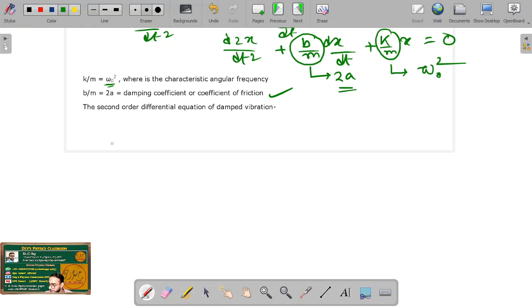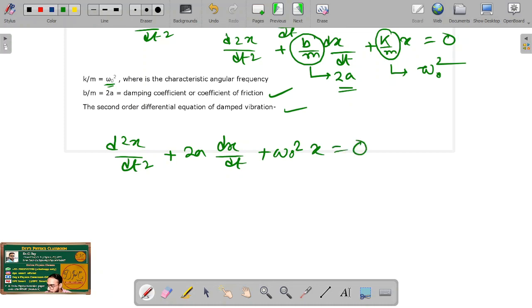So the second order differential equation for damped vibration takes the form d2x/dt2 plus 2a into dx/dt plus omega 0 square x equals 0.